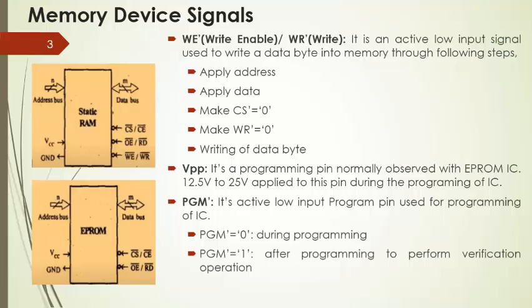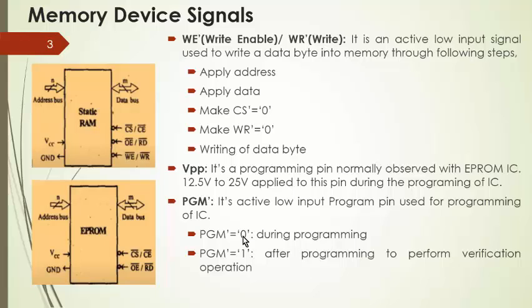Then PGM bar. It is an active low input programming pin used for programming of ROM IC. While writing data or code in the ROM IC, this particular pin is required to be active low.